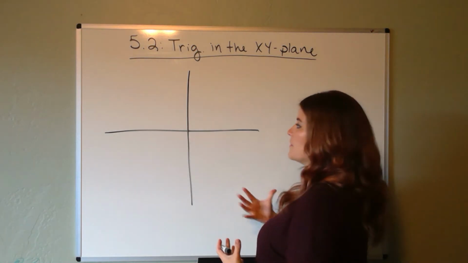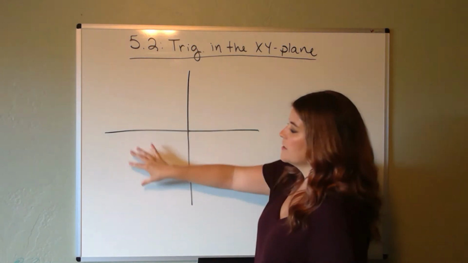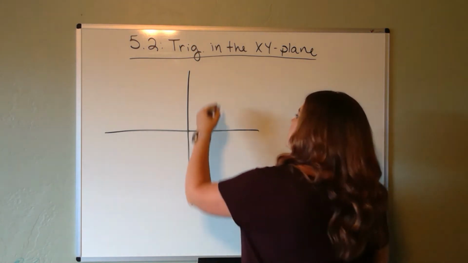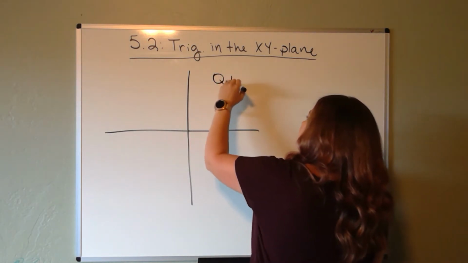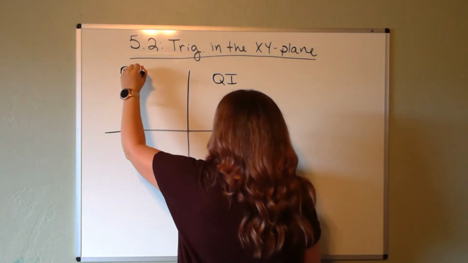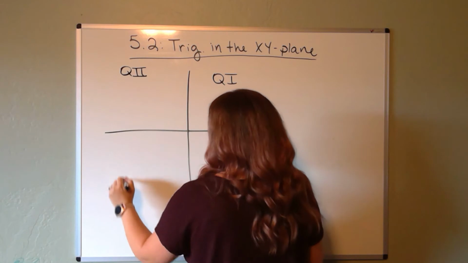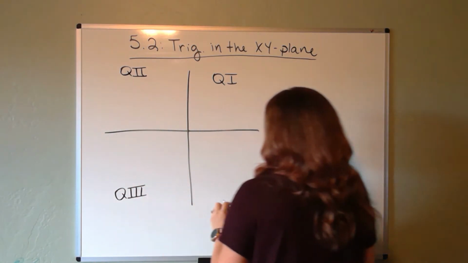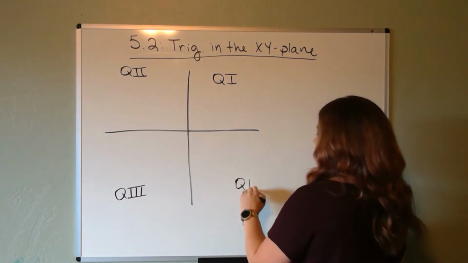Think about the xy plane, how the axes split it up into 4 quadrants. And you probably know what the quadrants are. We start here in quadrant 1. Here's quadrant 2. Here's quadrant 3. And quadrant 4 is down here.